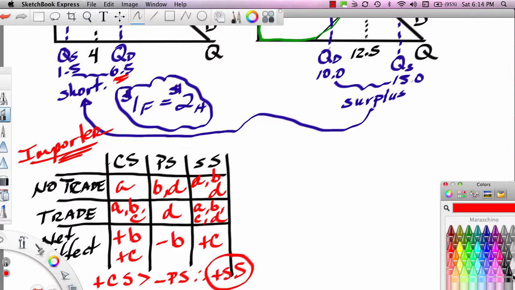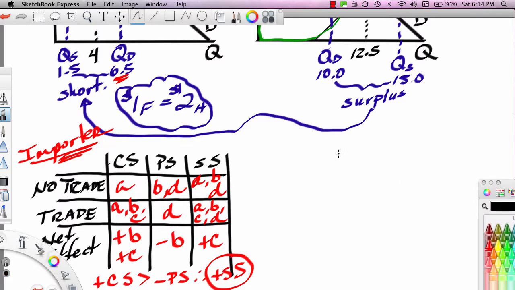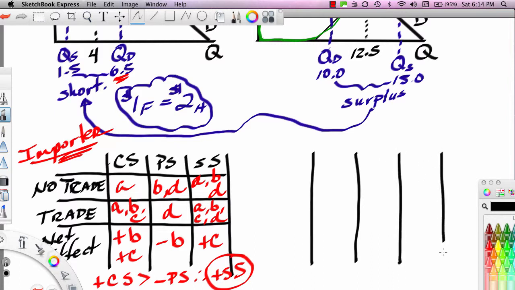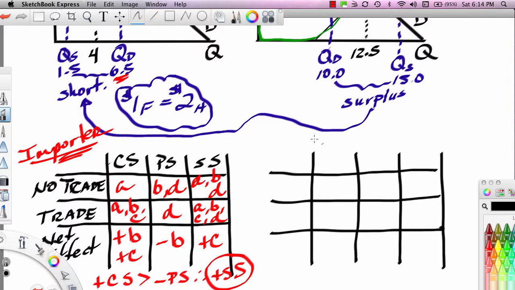Now let's set up our table. I'll move this over a little bit. Let's set up our table for the exporter. So here we go. 1, 2, 3 columns, and then we're going to set up some rows here, and we'll show the comparison.